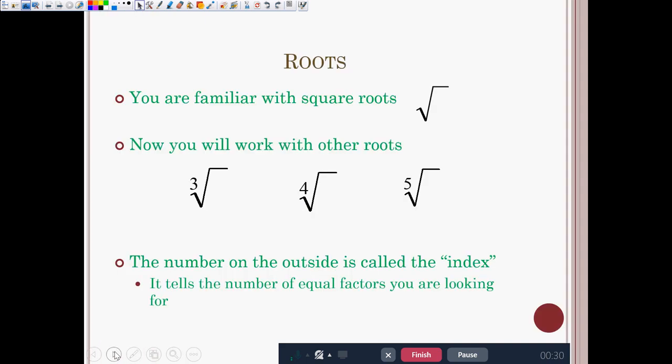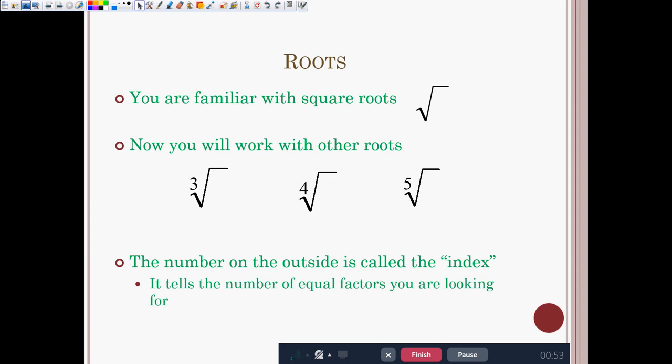So, some different parts. We're familiar with the square root, which means that there's an imaginary 2 out front here. We don't actually put it because that's the symbol for square root. But there are other roots as well, like cubed root, fourth root, fifth root. We can do 20th root, 30th root. Everything has a root, okay, every number.